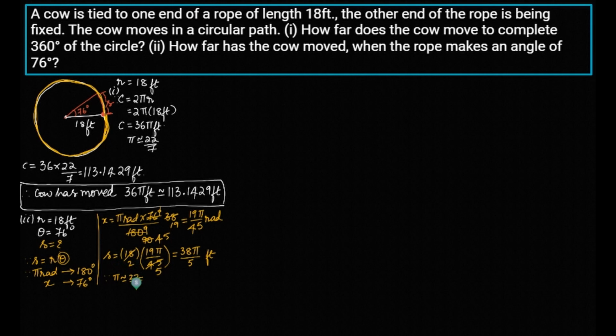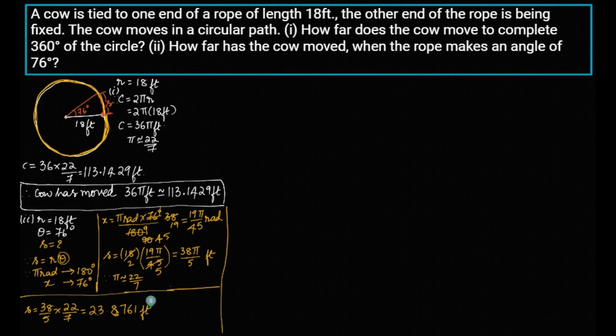So here the value of pi is approximately equal to 22 divided by 7. So let us substitute the value of pi in our obtained value of S and find out the approximate value. S is equal to 38 divided by 5 into 22 by 7, which is equal to 23.8761 feet.